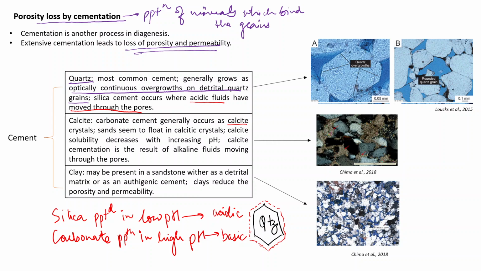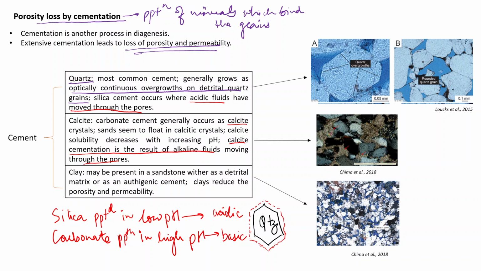We all are aware that calcite solubility is very high in acidic pH and very low in basic pH. So normally calcitic cementation is the result of alkaline fluids moving through the pores, as I have just explained. The third important type of cement is the clay minerals, which may be present in a sandstone, whether as a detrital matrix or as an authigenic cement.